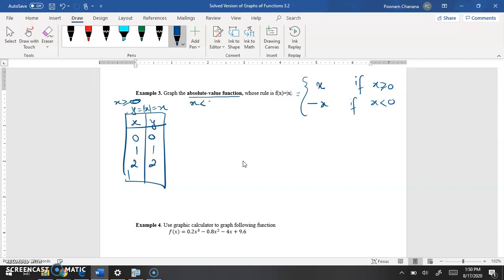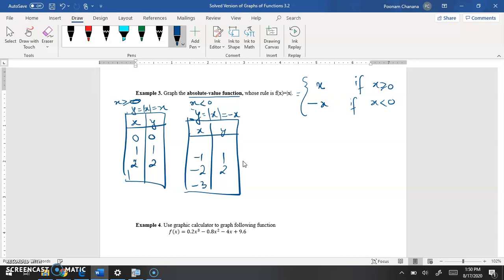But if x is less than 0, your y, which is the absolute value function, will become negative x. So at negative 1, y value is 1. At negative 2, it's 2. At negative 3, it's 3. And I know we cannot take 0 here, but we just want to know what happens. At 0, it is 0.